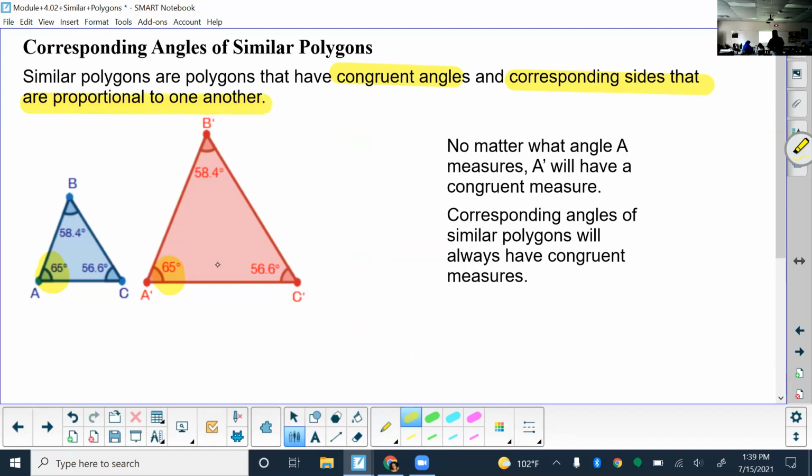No matter how big I make this triangle, it'll still have the same angle measures as the previous one, but the side lengths will be different. And they're different, but they're proportional to the original.